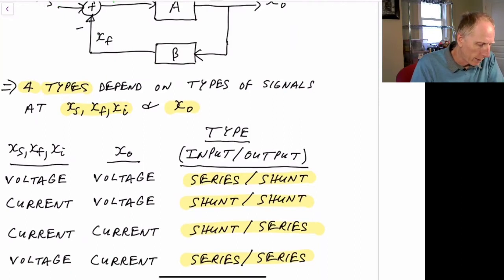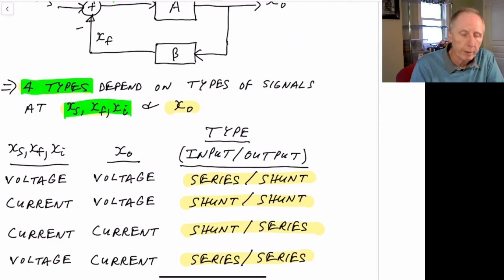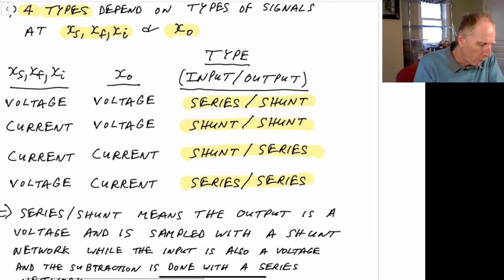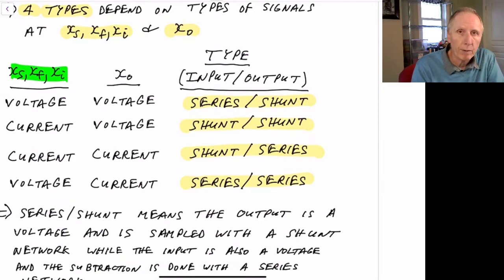So then we can break this up into 4 different types here, depending upon whether we use voltage or current for the input, and depending on whether we use voltage or current for the output. So what we have is our 4 types, where the input X sub S, the feedback signal, and X sub I all are the same type, and the output is shown here.